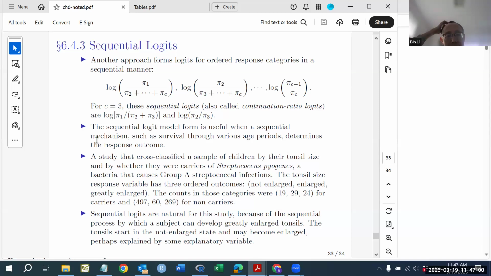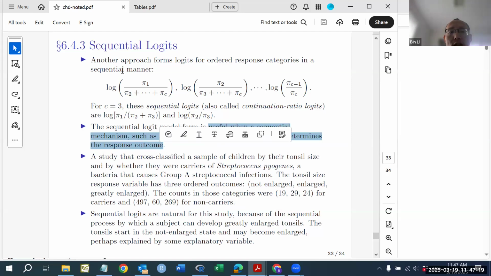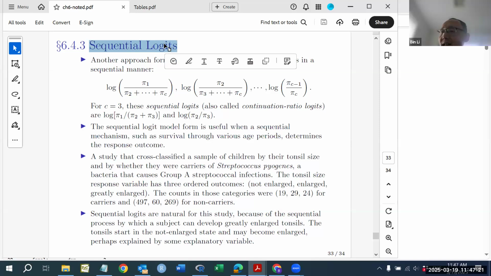The sequential logit model form is useful when we have a sequential mechanism, such as survival through various age groups, and that can determine the response outcome. So sometimes this one is easier for interpretation purposes.